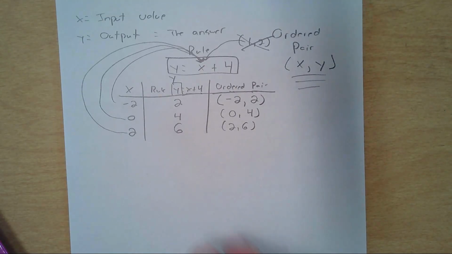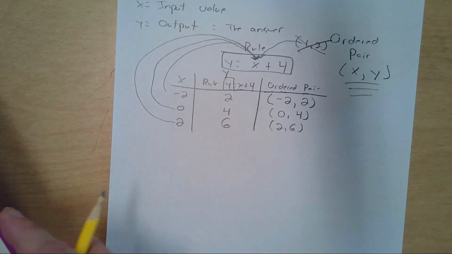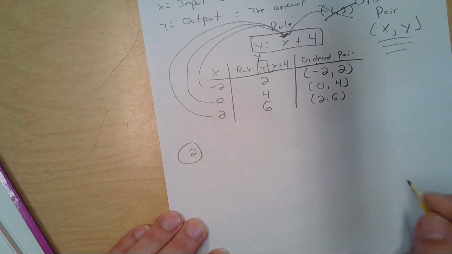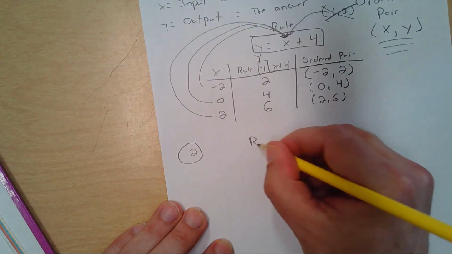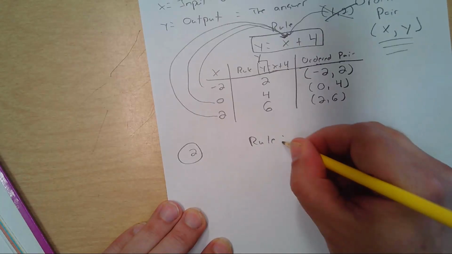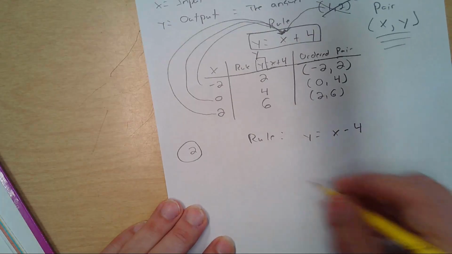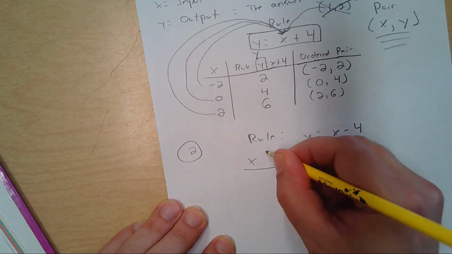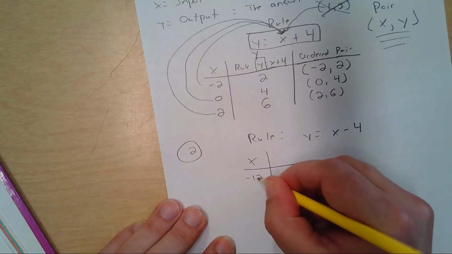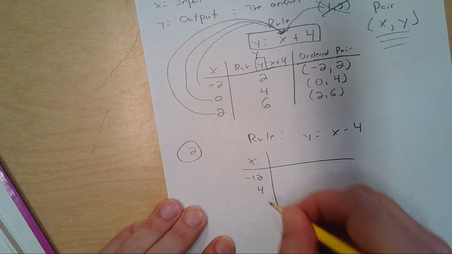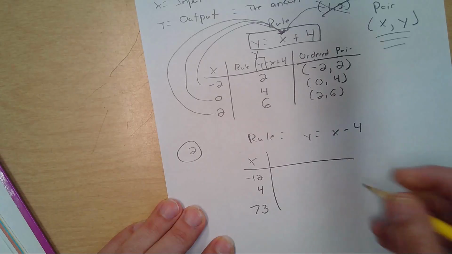Okay, so we kind of did number 1. Why don't you guys try number 2? Looking at page 502. It says on top, the rule is y equals x minus 4. My x values are negative 12, positive 4, positive 73.